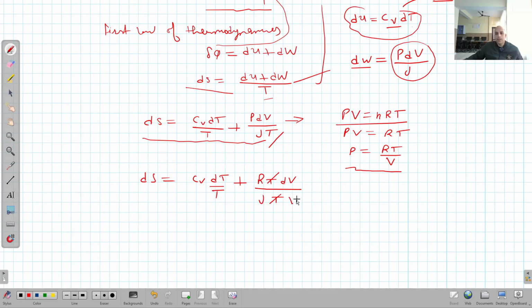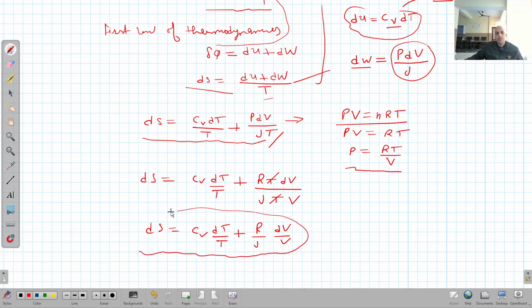We also have V here because P is equal to RT upon V. So you get dS equal to Cv dT upon T plus R upon J, dV upon V. You got this equation, right?